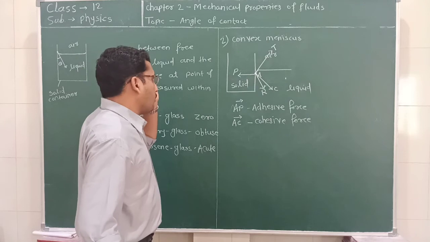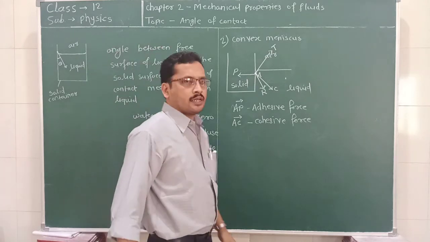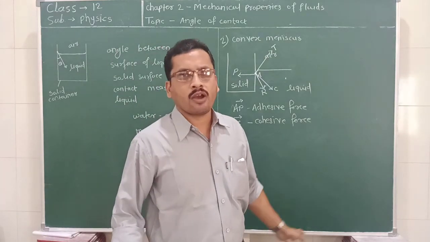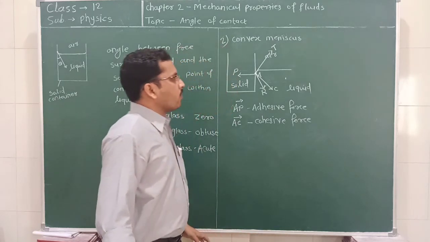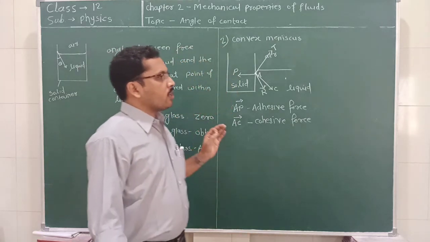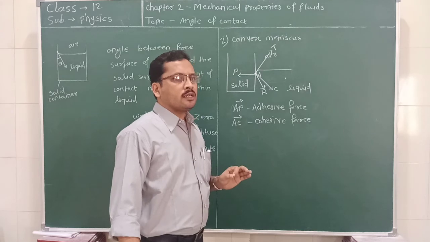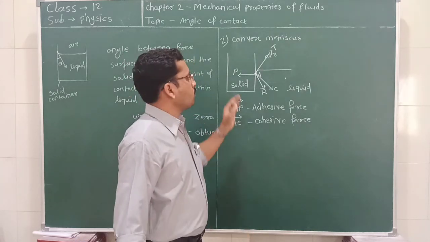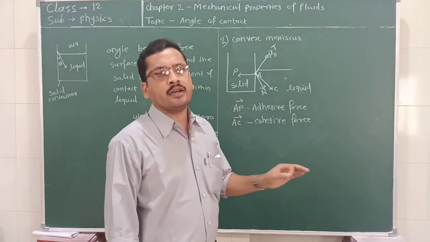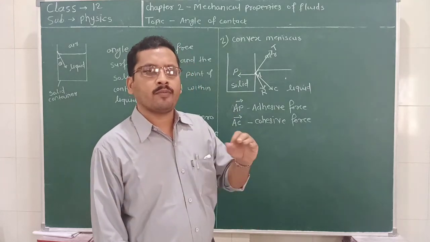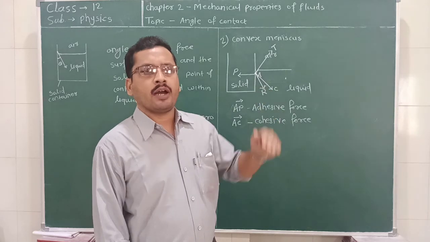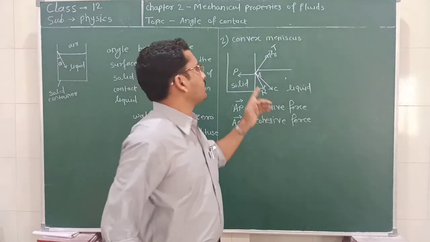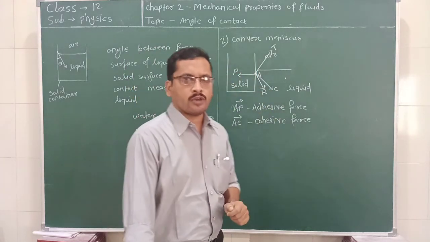Then we saw the two types of meniscus, concave meniscus and convex meniscus. How does a concave meniscus form? The concave meniscus forms when the adhesive forces are more dominant than the cohesive forces. Therefore, the molecule piles up against the solid surface and the meniscus becomes concave.